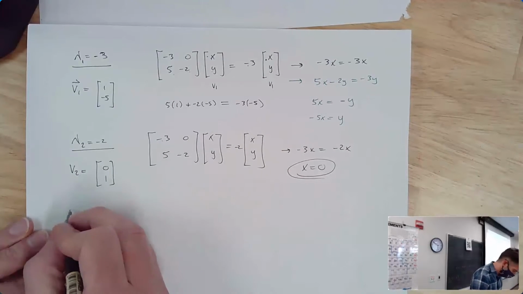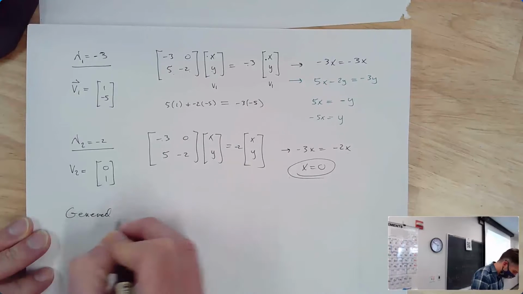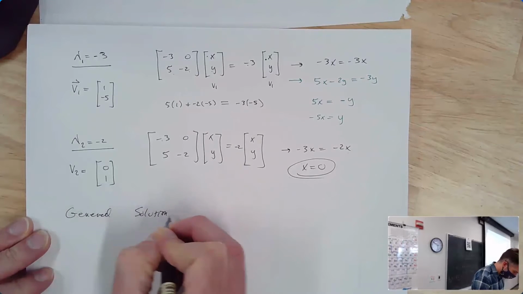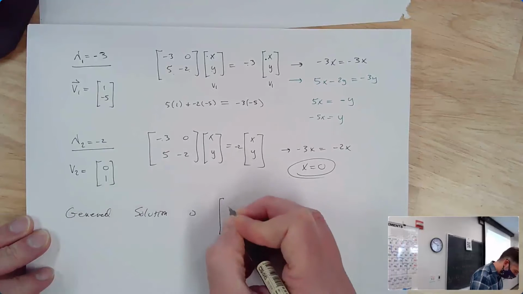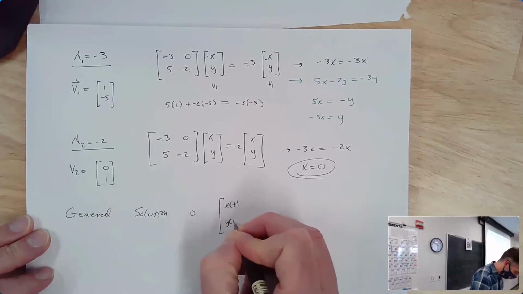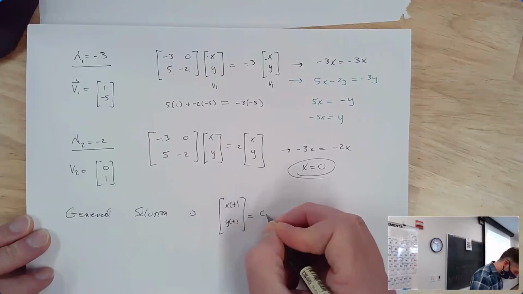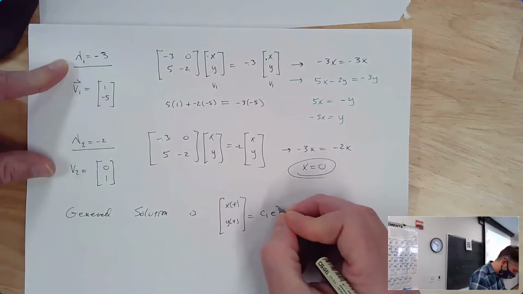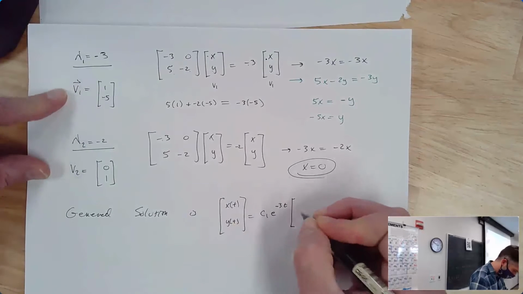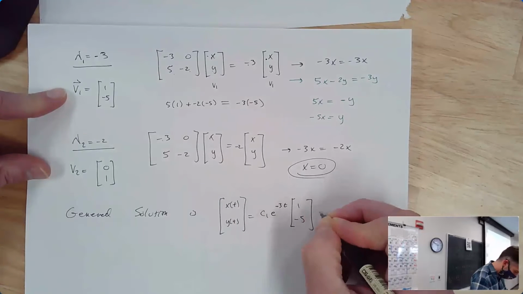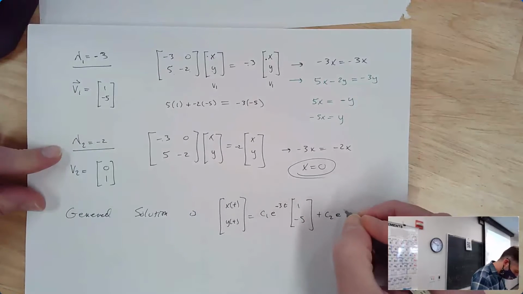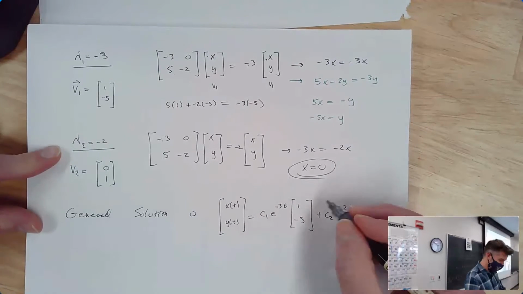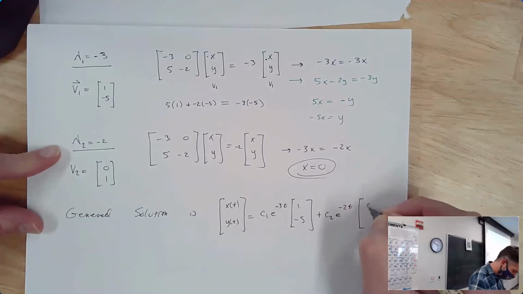And then our general solution is x of t, y of t equals c1 e to the lambda 1 t times v1 plus c2 e to the lambda 2 t times v2. Sorry, I forgot to say t over here.